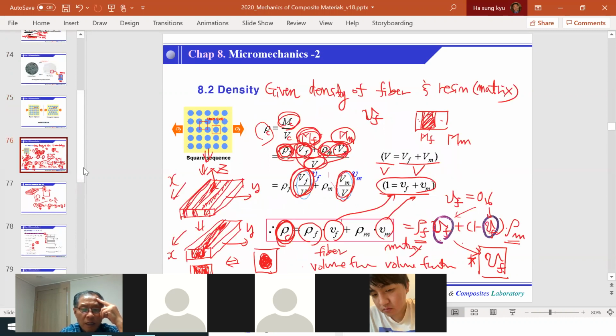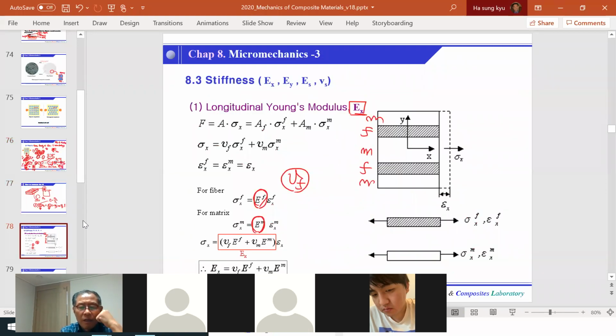So this is called the rule of mixture. Even for density, this is the rule of mixture, very simple. And this procedure is also called the rule of mixture in extension, often called ROM.